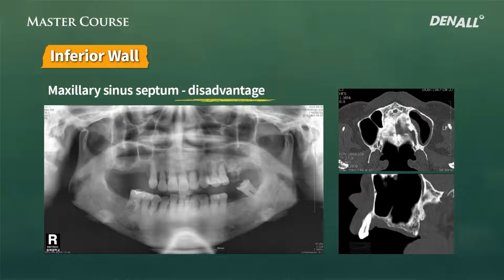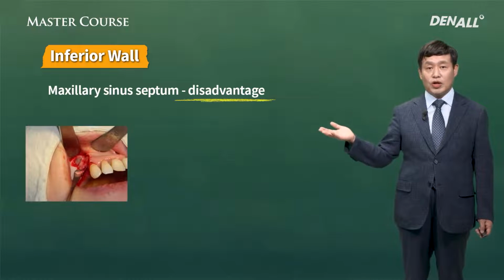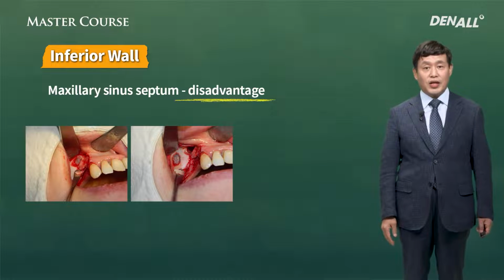In another case, in this patient, premolars and molars are missing. Between the premolars and molars, you can see a rather high septum. So 2 windows are made in the premolar and molar areas to do the sinus surgery. A window is made first in the premolar area, and later another window is made in the molar area.